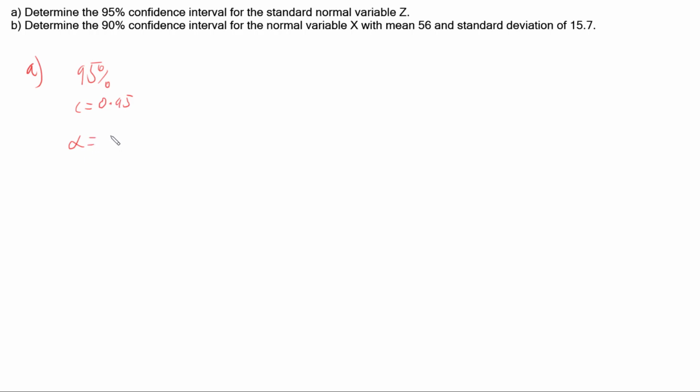The proportion is given by the rule 0.5 plus or minus C on 2. We can take either the upper limit or the lower limit. We'll just work with the upper limit. So alpha equals 0.5 plus 0.95 over 2.